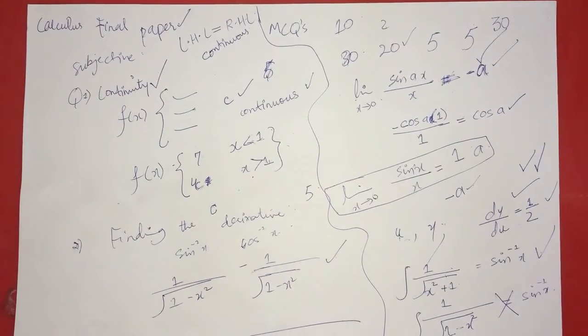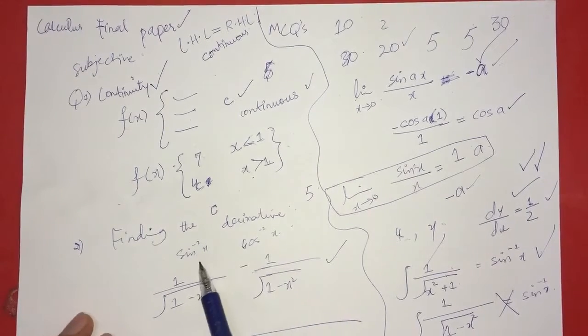The second question was finding the derivative of an equation that was given. It wasn't an easy task at all, because you had sine inverse and cos inverse. Any derivative of these does not make the question any simpler, it just makes it more complicated.